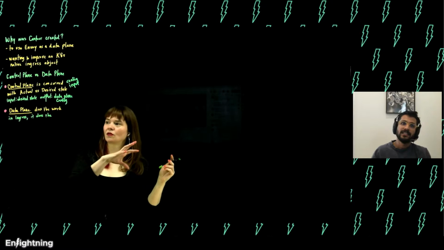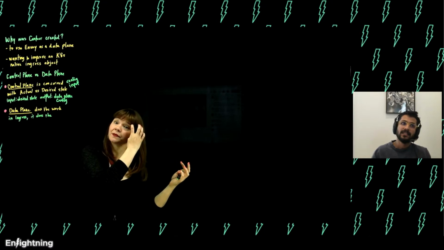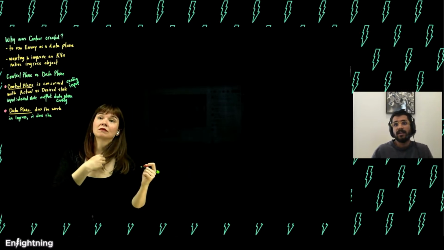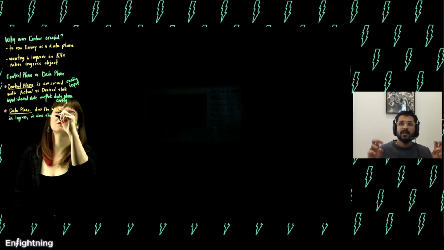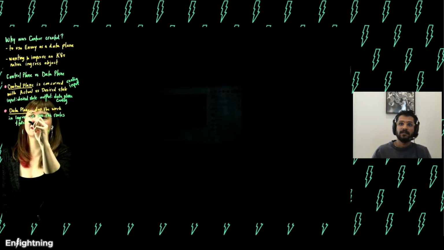So it routes the request and processes them? Yeah, it routes your requests, potentially modifies them, doing the work that you expressed desire for in the control plane. Exactly like you said.